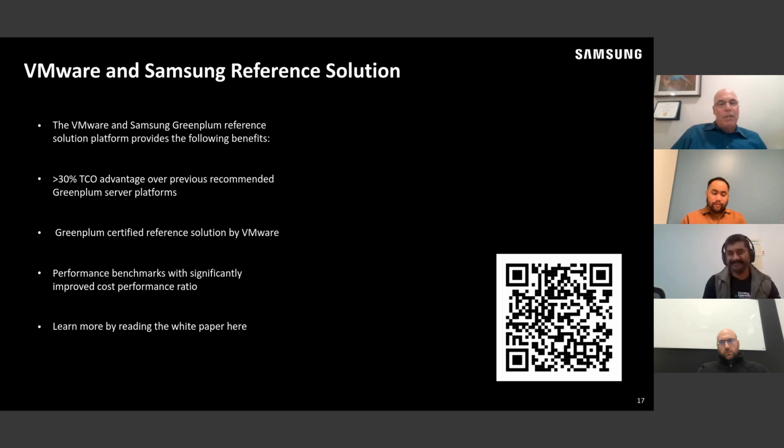You have to work with Samsung and VMware to come up with the best performance, cost savings, and also power management advantage through this specific platform. And we showed that the performance benchmarks will significantly improve that cost-performance ratio. And that's it. So I will pass it on to AJ to close us out.